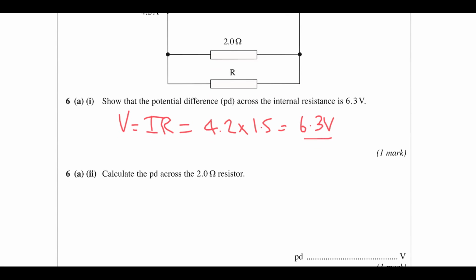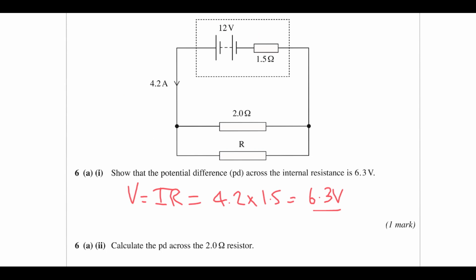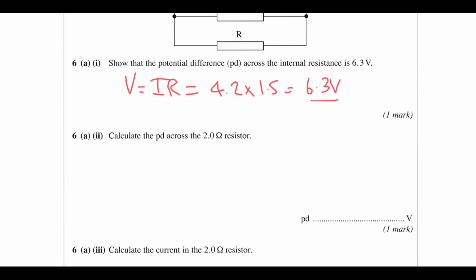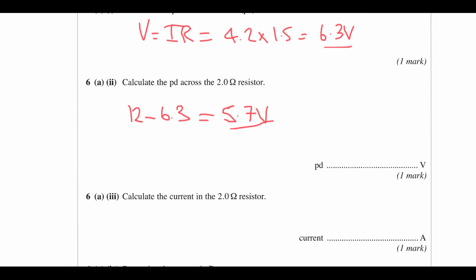Calculate the potential difference across the 2 ohm resistor. So the supply is 12. It's lost 6.3 across the internal resistance, which leaves behind 5.7 volts to be across the rest of the circuit. And because they're in parallel, they're both going to have 5.7 across them.